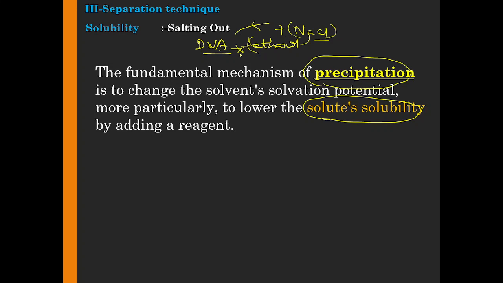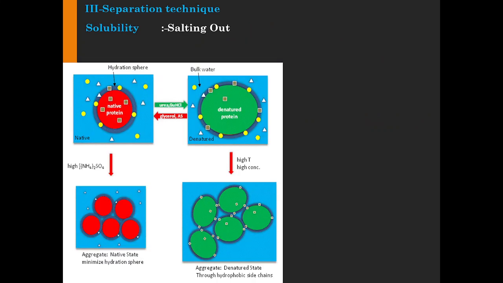The same principle is also used for protein isolation or separation, where you precipitate by decreasing the solubility. And it is also associated with the three-dimensional structure. We'll see this in the next slide.